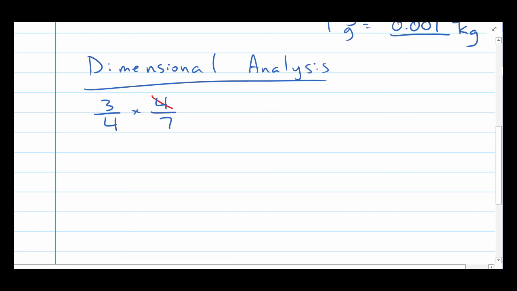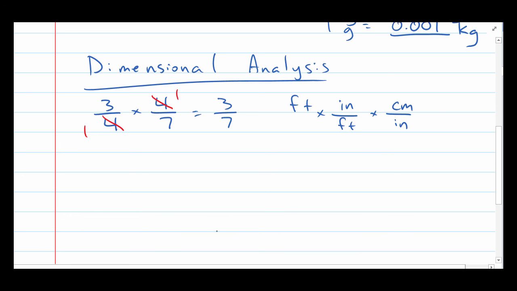Cancel out the common numerator and common denominator. Right, well, just cancel these out. And they don't simply disappear, they become 1 and 1. And so then the answer becomes 3/7.